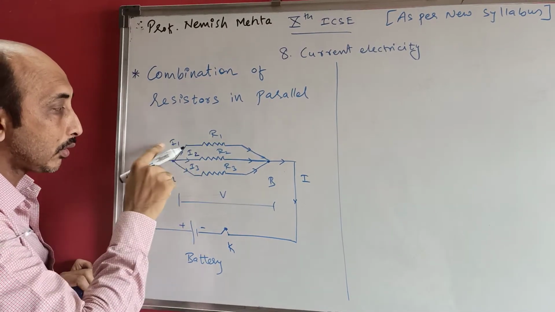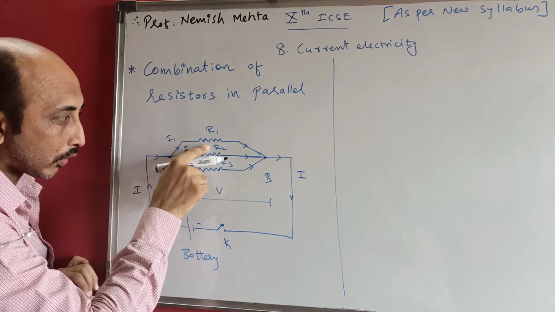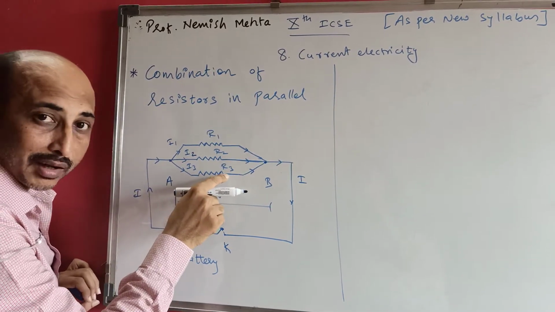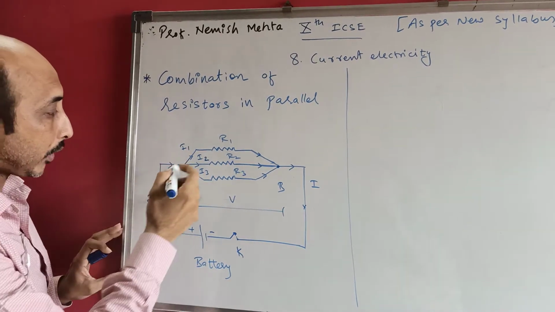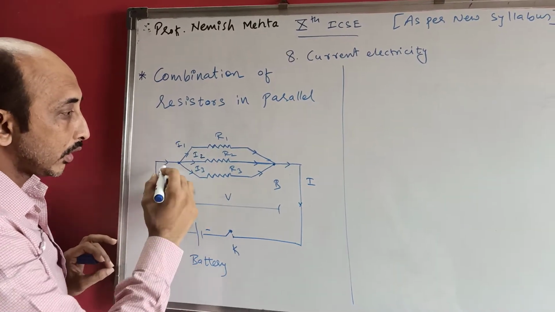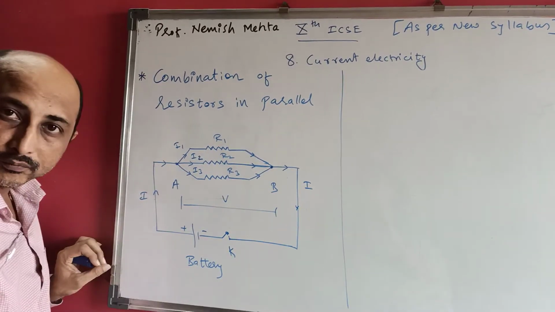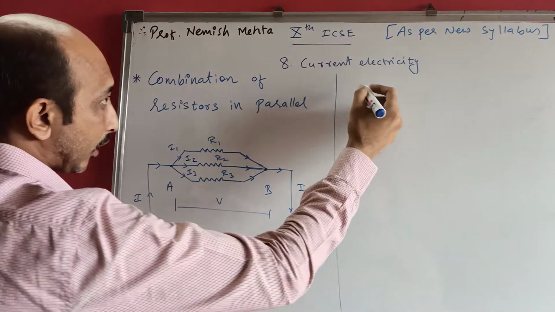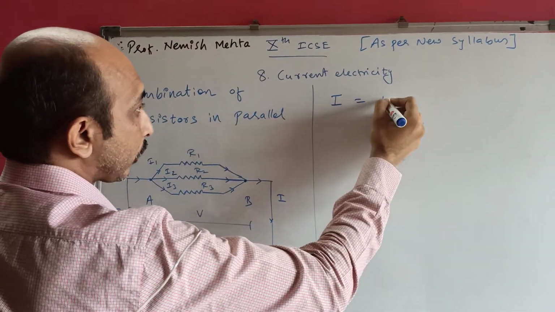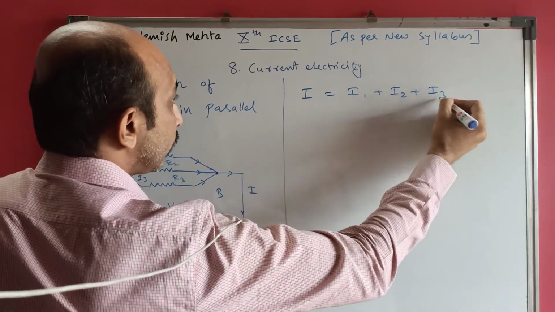From R1, I1 will flow, from R2, I2 will flow, and from R3, I3 will flow. Current is distributed among the paths I1, I2 and I3, and when it comes to point B, it will again be I. Getting it? So according to the diagram, we have I is equal to I1 plus I2 plus I3.